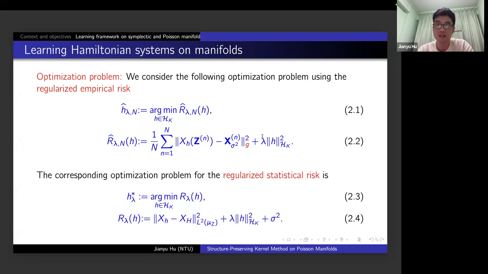So the regularization term is necessary. As we will see later, this regularization term plays an essential role in ensuring the uniqueness of the solution to the minimization problems.